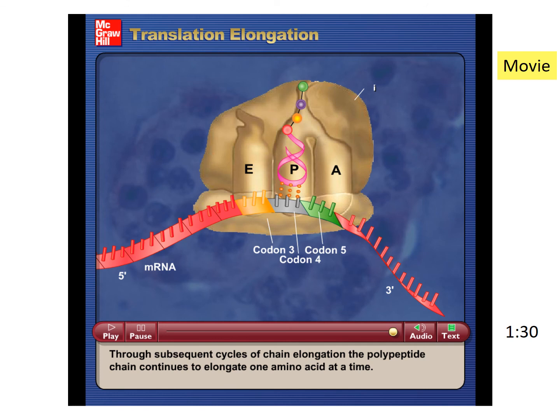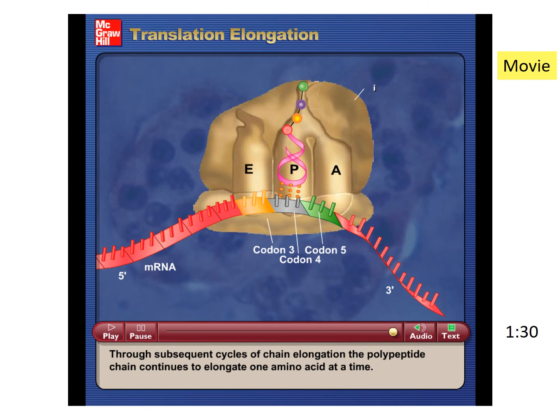Peptidyltransferase, a protein RNA complex present in the 50S ribosomal subunit, catalyzes the formation of this new peptide bond between the amino acids. The ribosome then translocates to the next codon. This process is promoted by elongation factor G and requires another GTP. This places the empty tRNA molecule in the E site of the ribosome, and moves the tRNA containing the growing polypeptide chain to the P site.